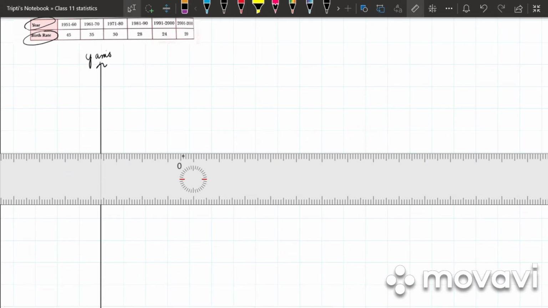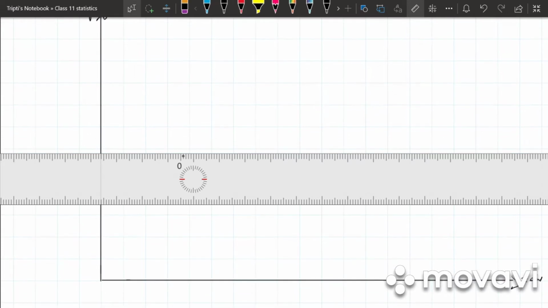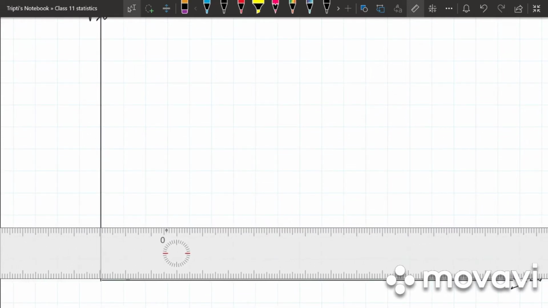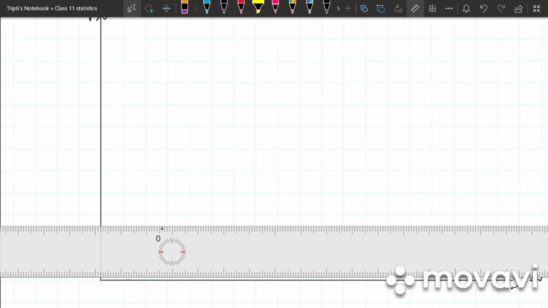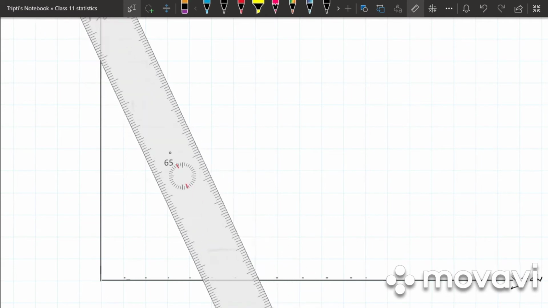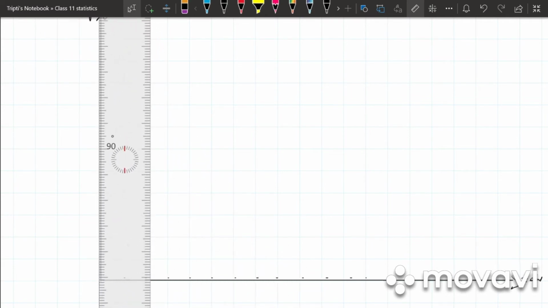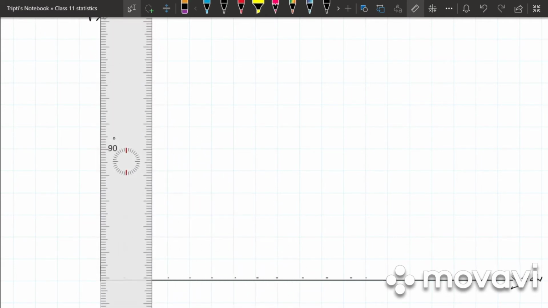You'll be having the title of the graph, that is birth rate in India. After you have done this, go to your x-axis. At every 1 centimeter mark a point. Same with your y-axis. Every 1 centimeter mark the point.